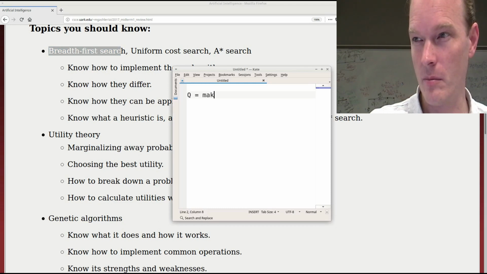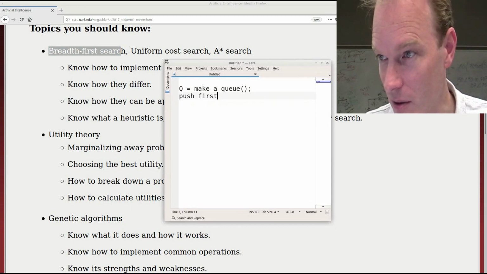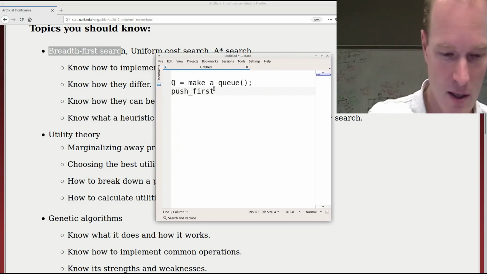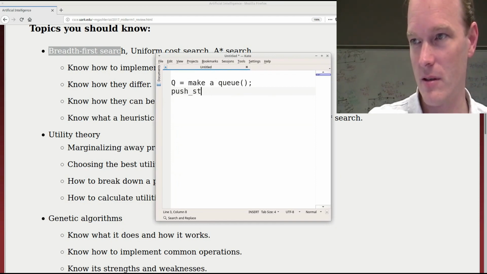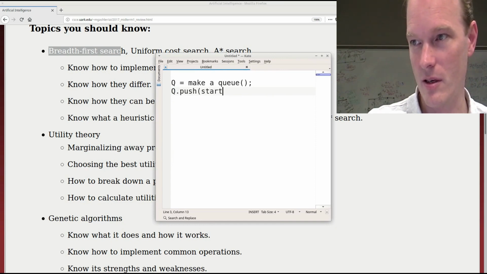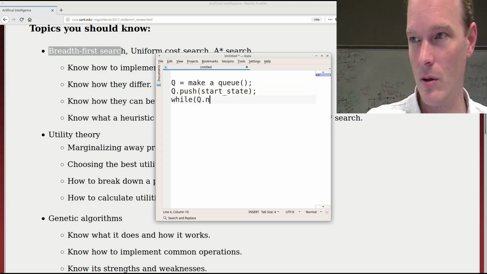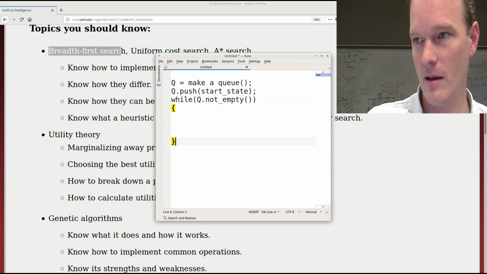Q equals make a queue, q.push(start_state), and then while q not empty.